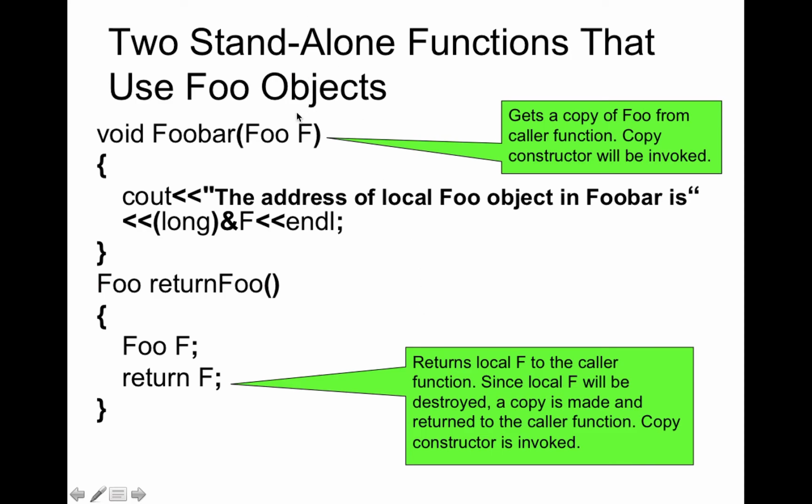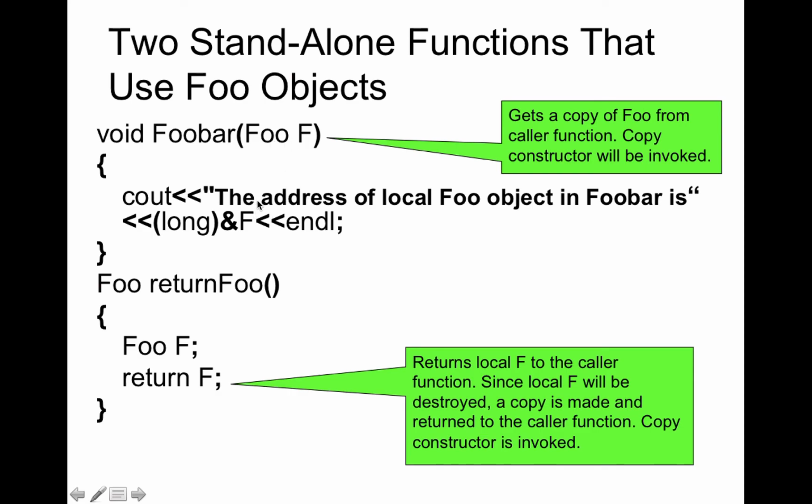Okay, we write two functions, foobar that takes foo by value. So if we do that, it gets a copy of foo from the caller function, and then the copy constructor will be invoked at that time. And I can put this statement inside the function foobar that'll print the address of foo.